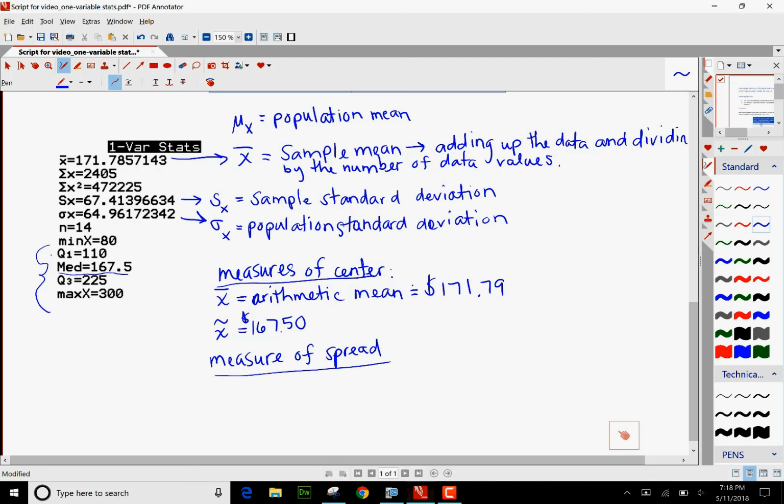So measure of spread, if you have sample data, which is a more typical situation, is Sx equals approximately $67.41. If you happen to know that you had population data, that measure of spread would be $64.96.